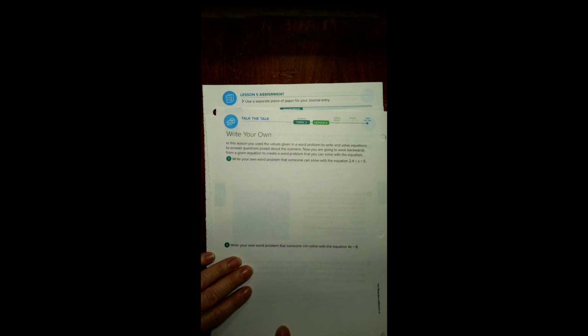Okay, we are not finishing the rest of Activity 1, and we are not doing the talk either. If you would like to create your own questions, I would consider those bonus points. It says in this lesson, you use the values given in a word problem to write and solve equations to answer questions posed about the scenario. Now you're going to work backwards from a given equation to create a word problem that you can solve with the equation.